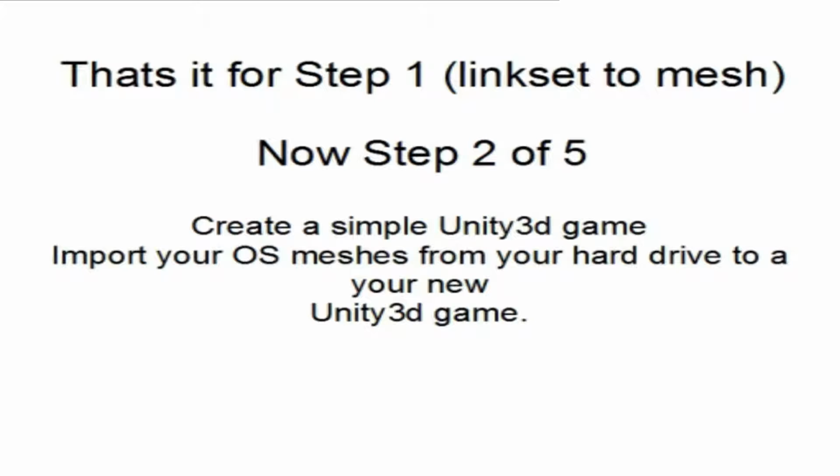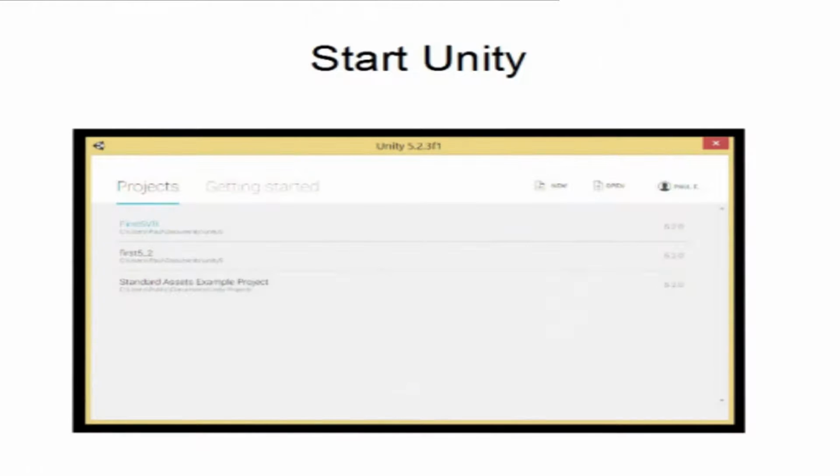That was easy. Now, step two, create a simple Unity 3D game and import your OS meshes from your hard drive to your new Unity game. All right, let's start up Unity. You'll see this, and you click up on New to start your new project.